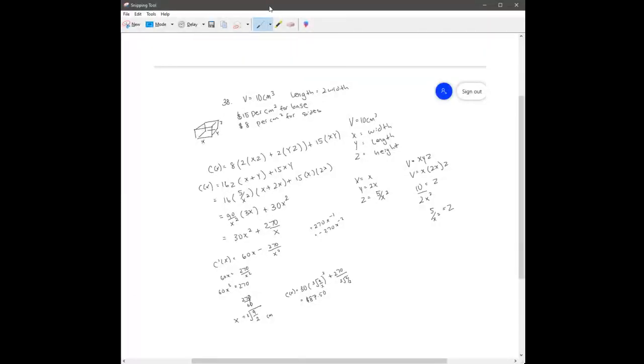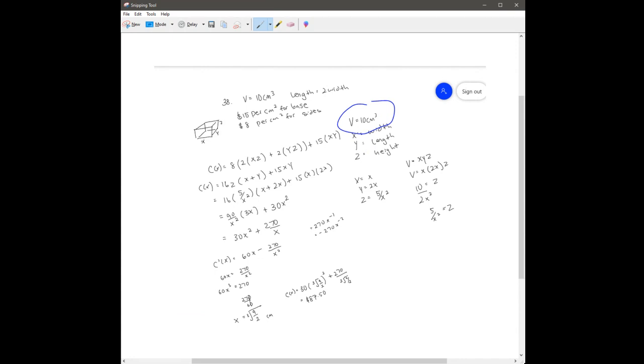So we're trying to find the cheapest cost for an open box when it costs $15 per centimeter squared for the base and $8 per centimeter squared for the sides. The volume of the box is 10 centimeters cubed. So I set the width to x, y to the length, and z to the height.